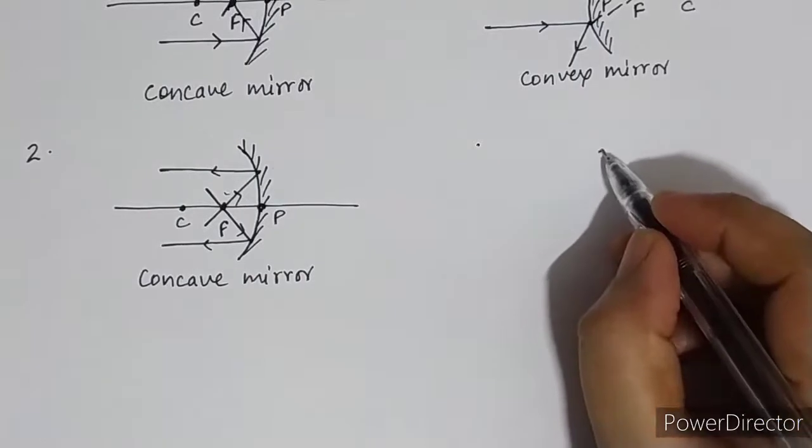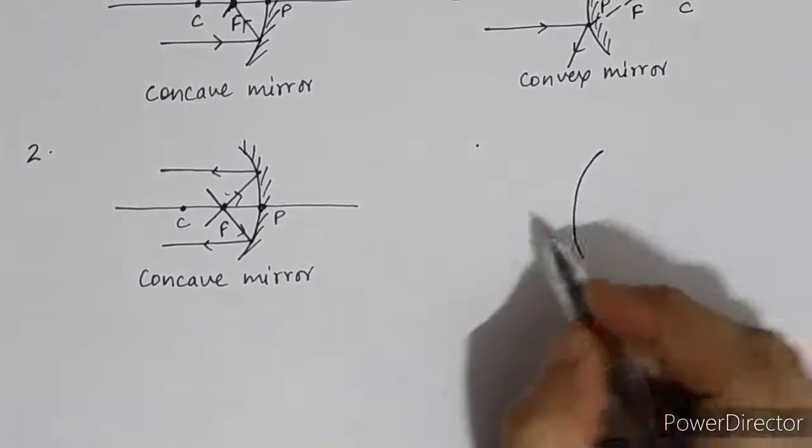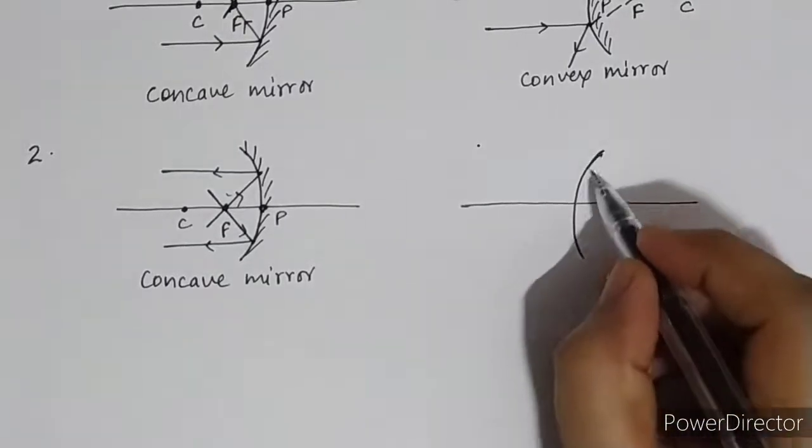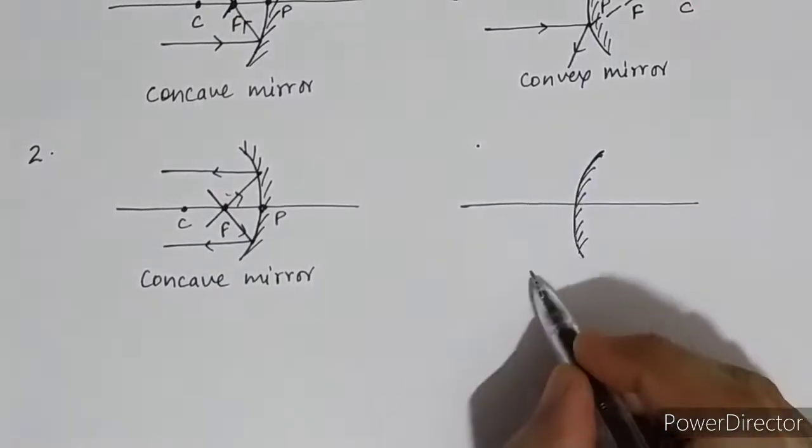And the same thing is there in the convex mirror. Here this one is your convex mirror, principal axis, polished.